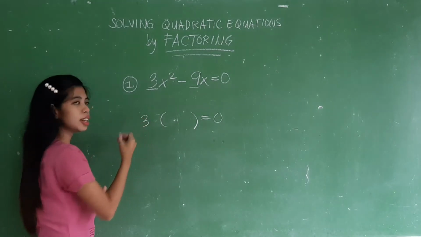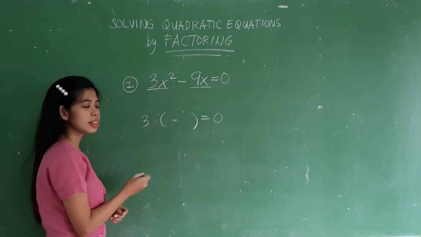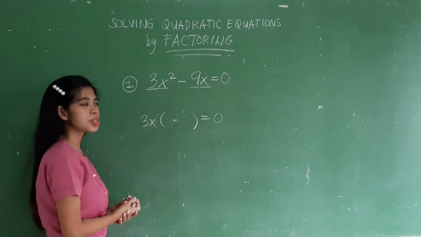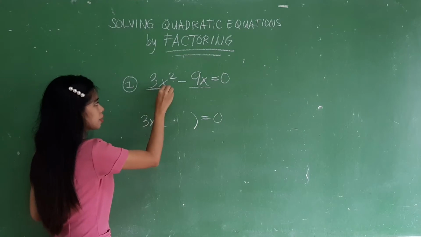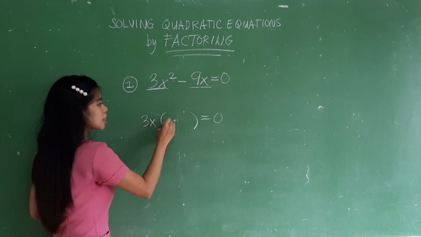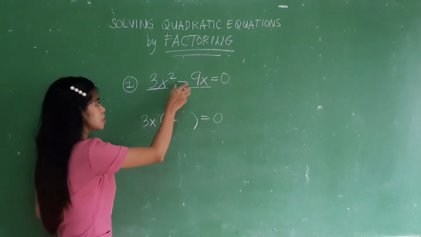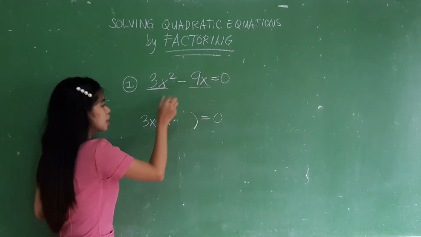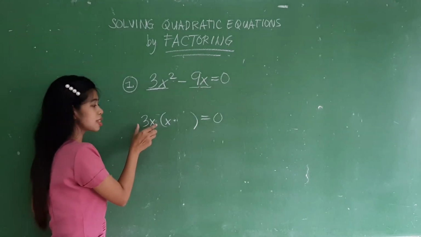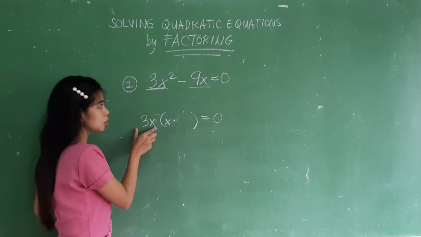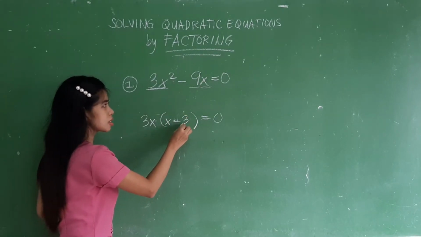That is 3. What is the common factor of x squared and x? That is x. So, since 3x is a common factor, what is left in the first term is just x. So, we write that inside the parenthesis. Now, since this is negative 9x and 3x is already outside because this is a common monomial factor, we still have negative 3 inside the parenthesis.